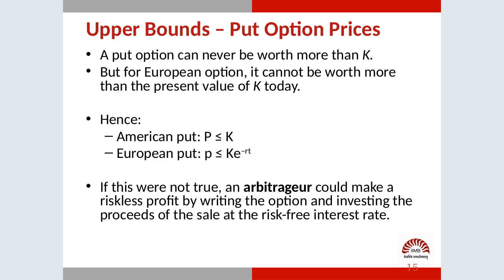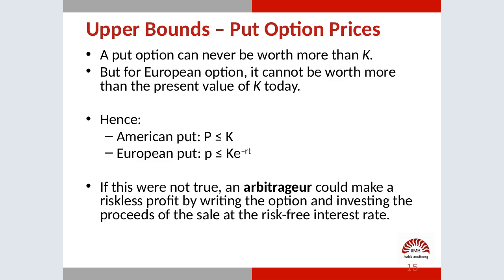Why? Because remember, the maximum you would get is essentially K. If you exercise the option, if the price has gone below, the maximum benefit you would get is K. Now, in the American option, you have multiple exercise dates. You can exercise it today, tomorrow, over the entire horizon.